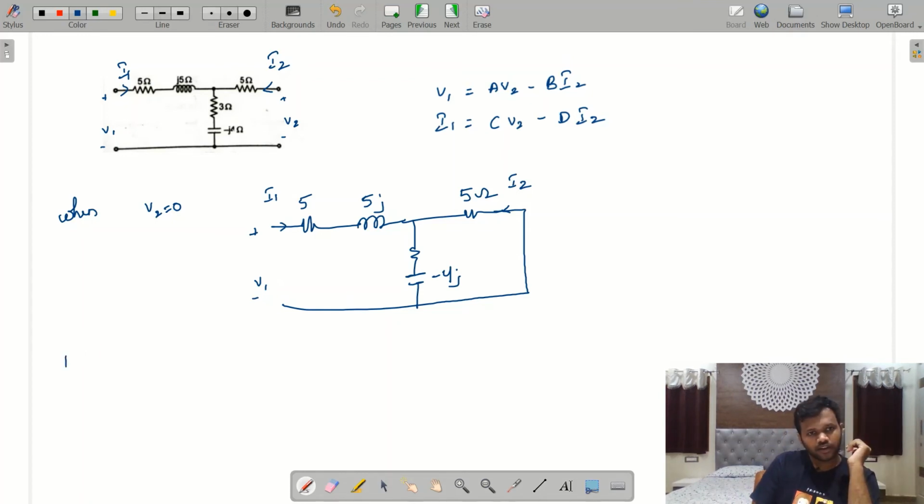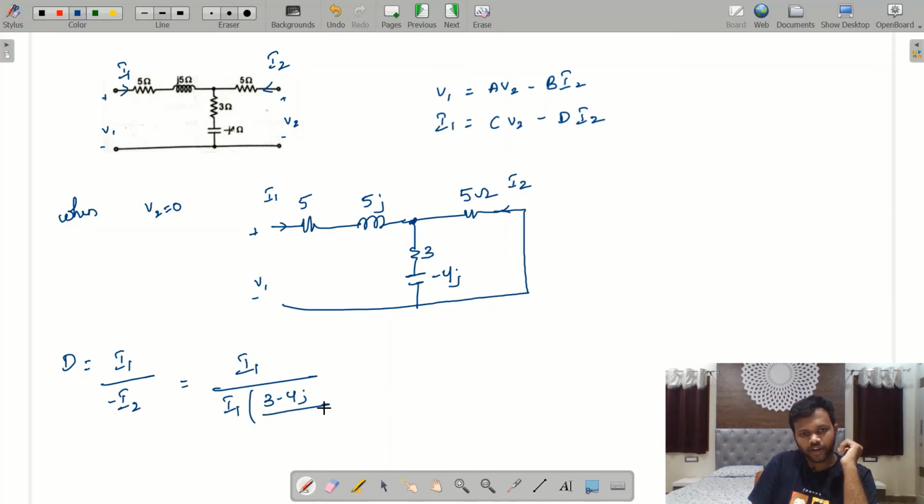Now D equal to I1 by minus I2, which is just current division, so apply the current division here. I1 divided by minus I2: total current I1 into the other resistance. What is the other resistance here? 3 minus 4j divided by its total resistance, total resistance 8 minus 4j.